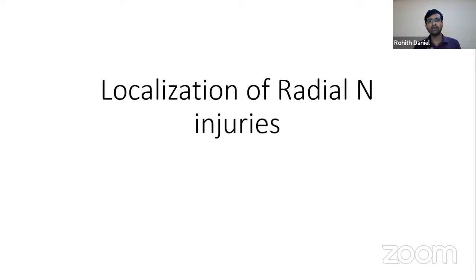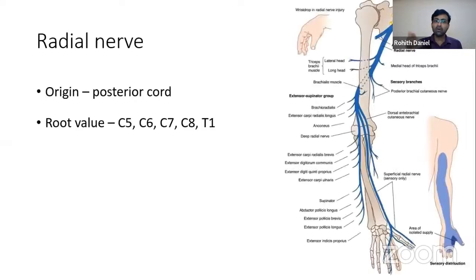What is the level of the injury or which bone is fractured? Or sometimes they will tell you that there is wrist drop and sensory deficit, which is the area of injury. So in order to identify these, you need to know how to localize the injuries on a radial nerve. And for that, obviously, you will need to know the course of the radial nerve.